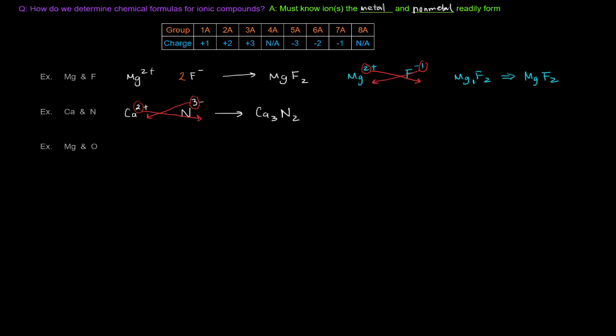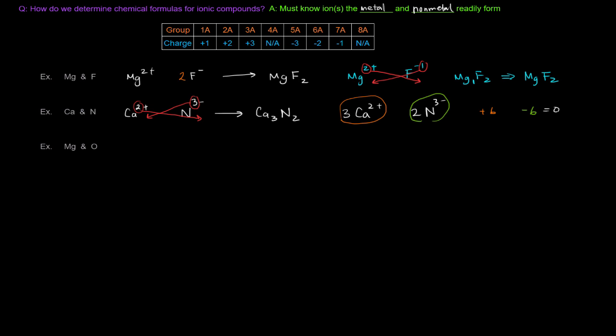We can also think about this as 3 calcium 2+ ions and 2 nitrogen 3- ions. I have 3 plus 2 charges, so that would be +6 charge, and then 2 -3 charges, that would be a -6 charge. The overall charge, of course, would be 0.